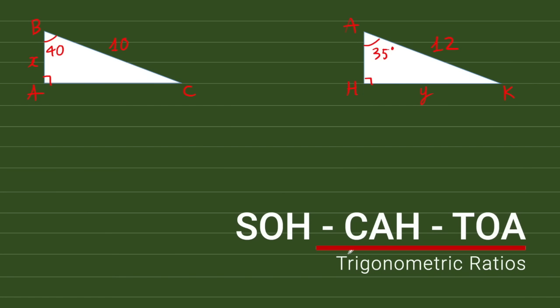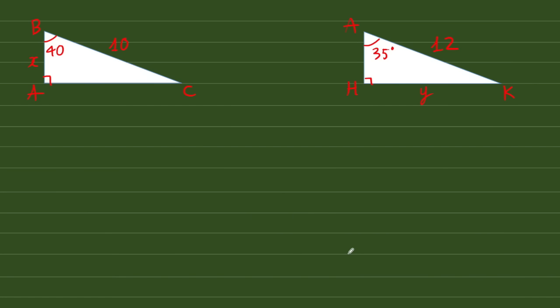In the last 3 parts, you already learned how to determine the formulas for cos, sine, and tan using the SOHCAHTOA formula. In this video, we will practice finding the opposite and adjacent sides based on SOHCAH only.